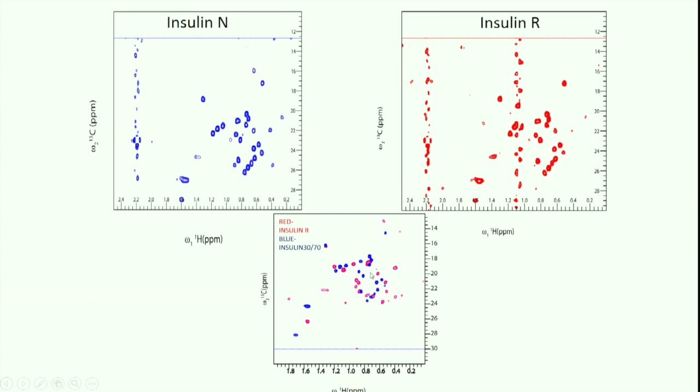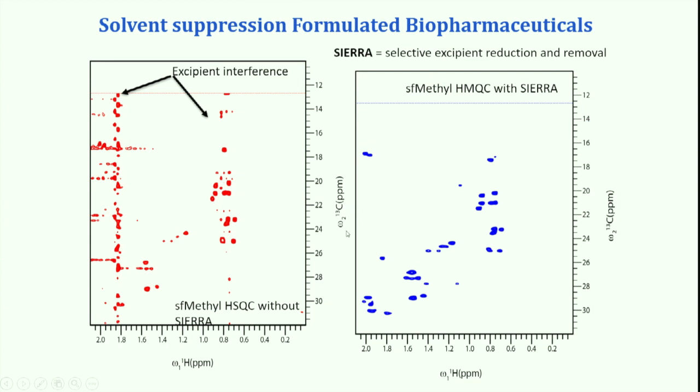So that says that there is a finite difference in the monomeric state that we have forced by putting acid in these two cases, insulin R and insulin 70-30. Overall insulin is the same, but the intricate structure is slightly different. That is what our NMR data is saying.